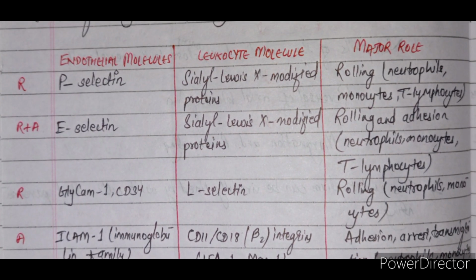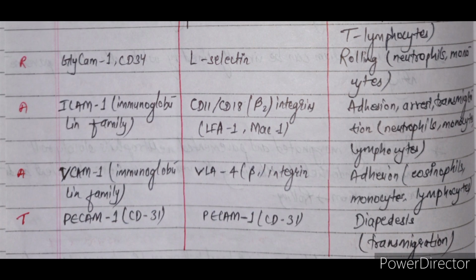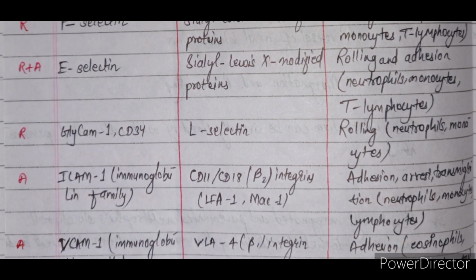And one more selectin is L-selectin, which is not an endothelial molecule. It is present on WBC, that is a leukocyte molecule. And PCAM1, that is CD31, is present on both WBC as well as endothelial cell.